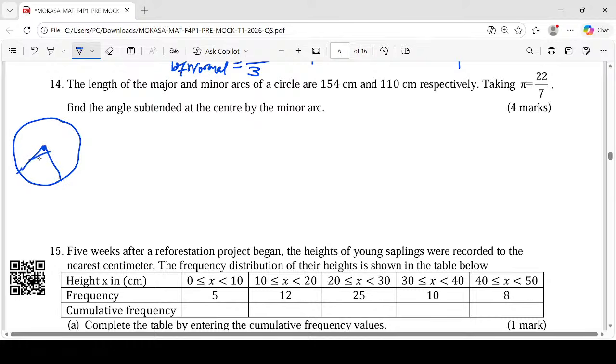When I have this shaded part, let me have it this way.